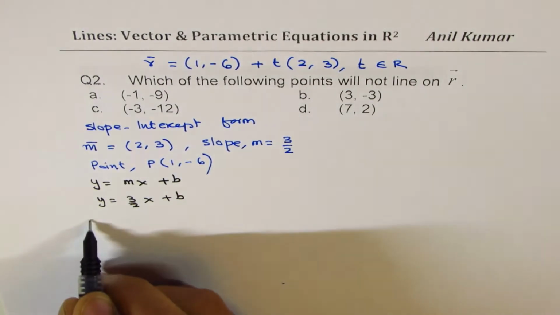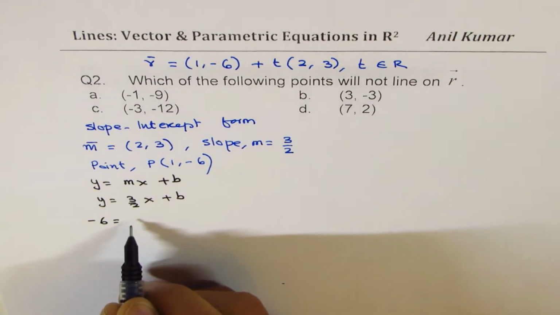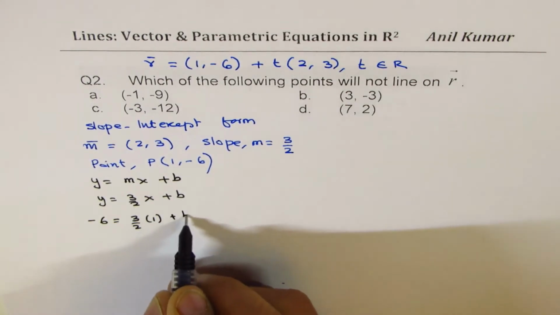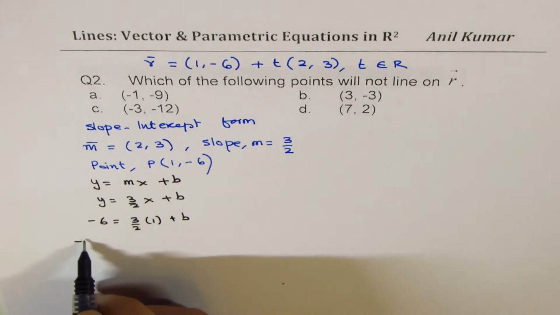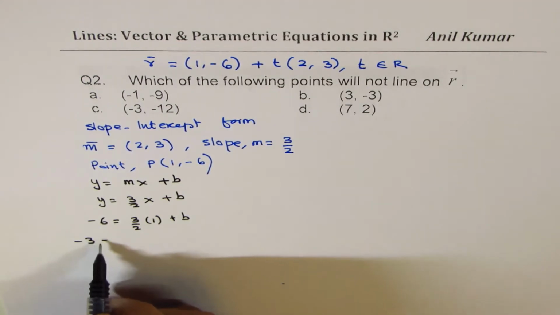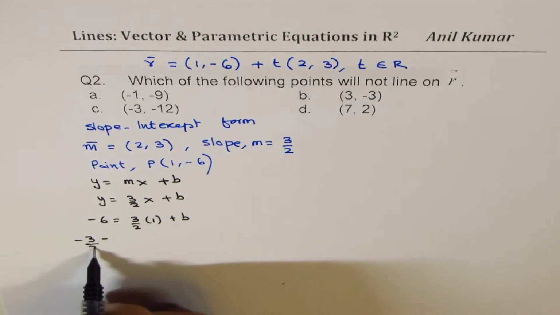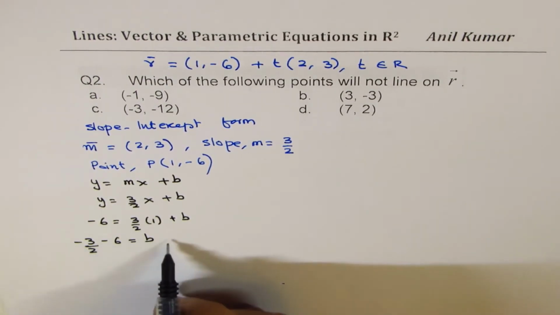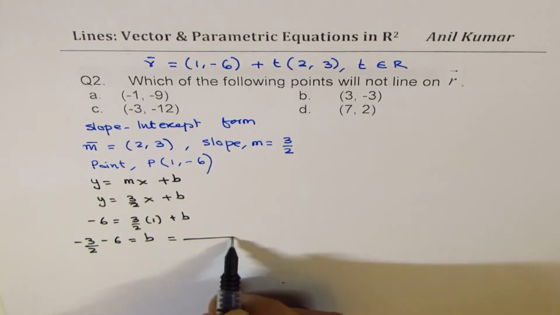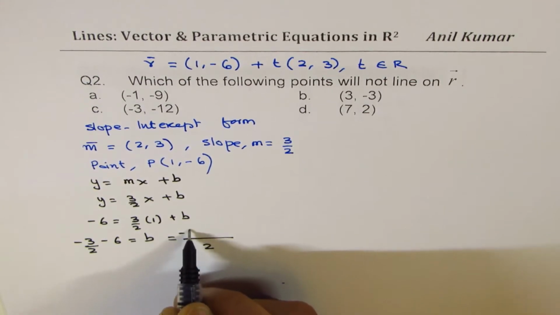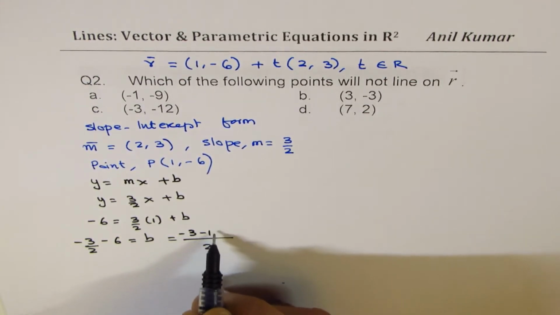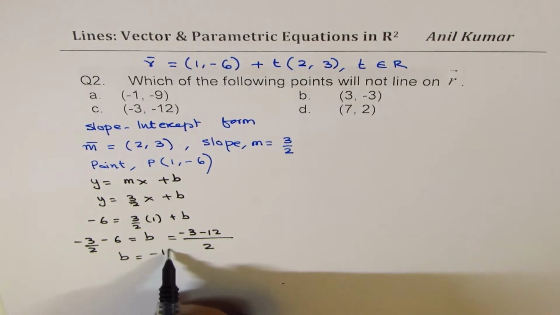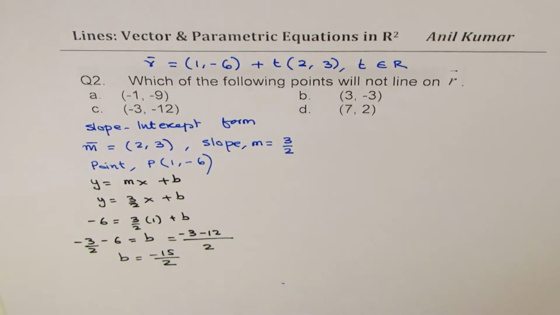Let's use the point, minus 6 for the y value and 1 for the x value, to calculate b. So we get minus 6 minus 3 over 2 equals b. With a common denominator of 2, we get minus 3 minus 12. So the value of b is minus 15 over 2.